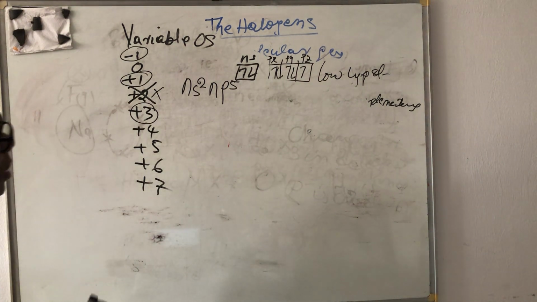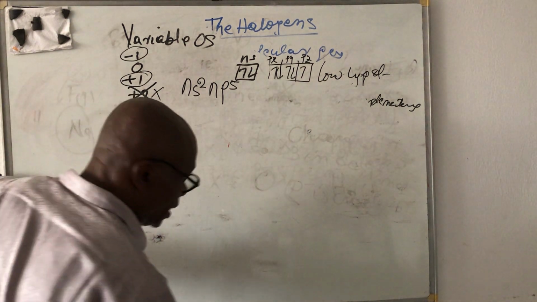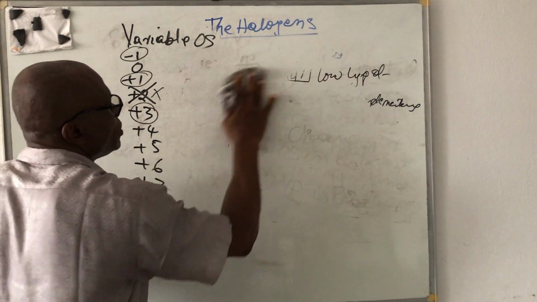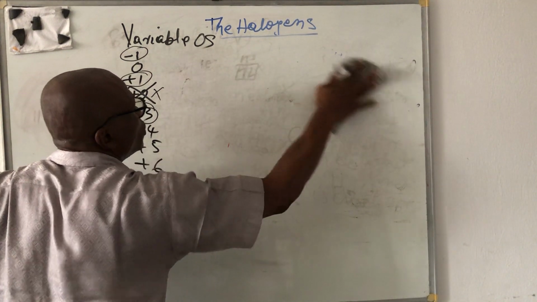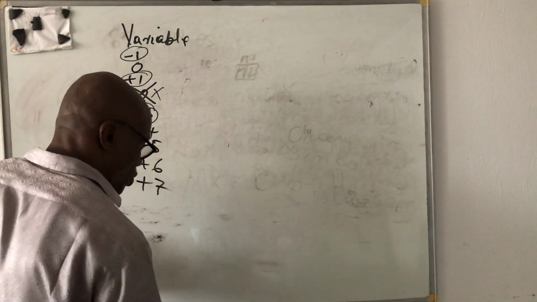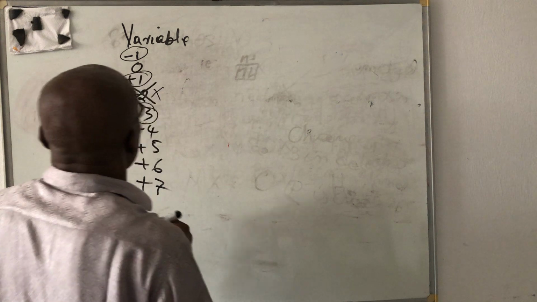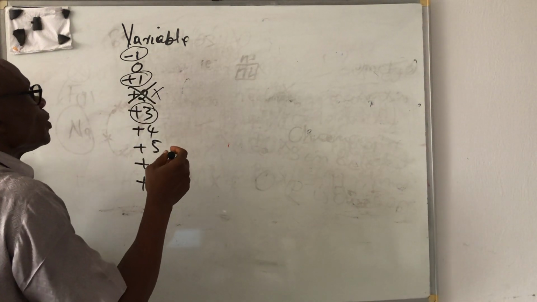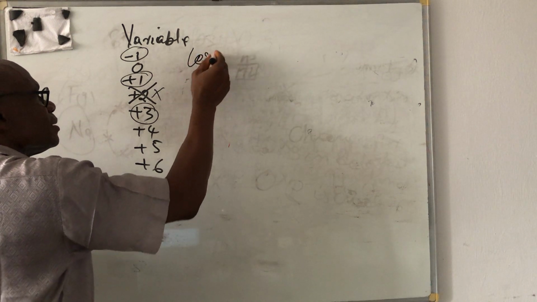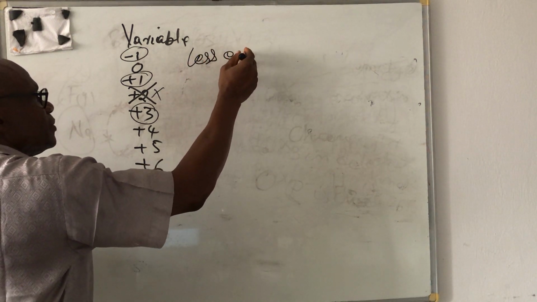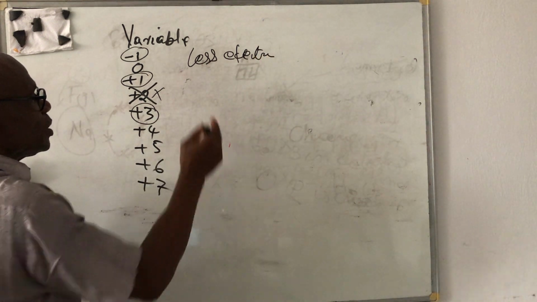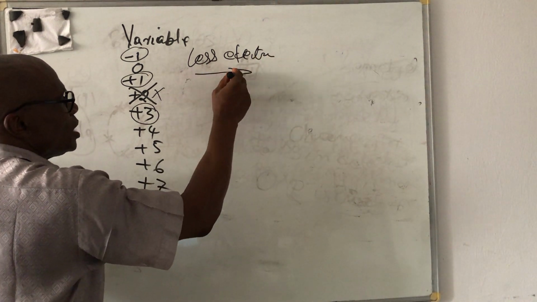We had already discussed when a halogen can possibly show a -1: when it reacts with a less electronegative element, it will draw the electron to itself.